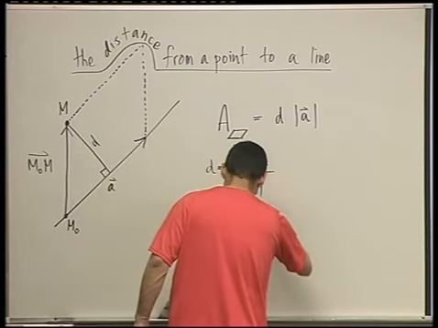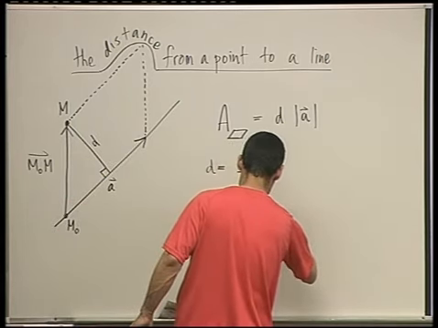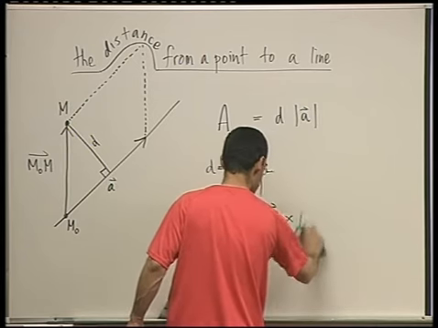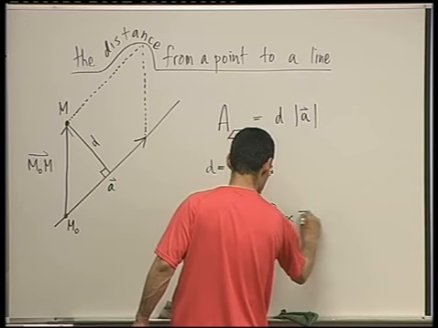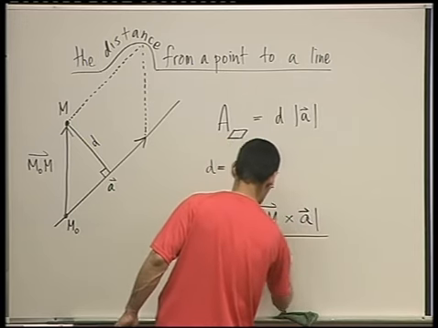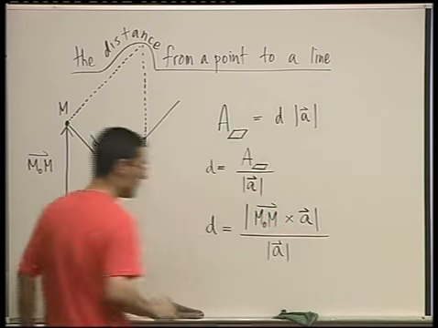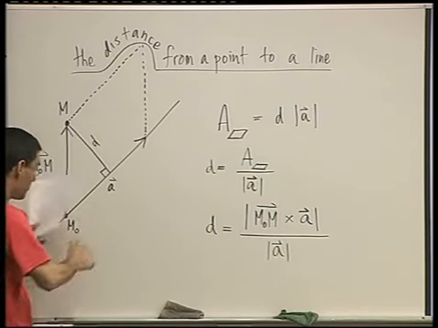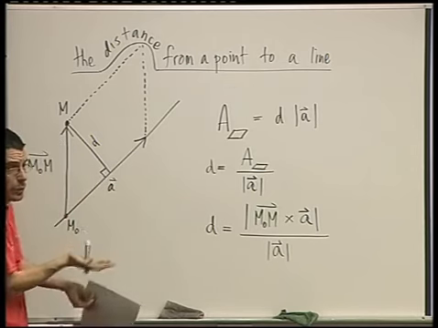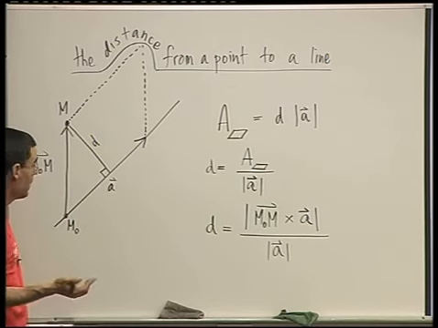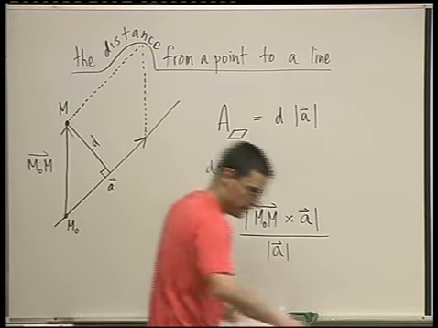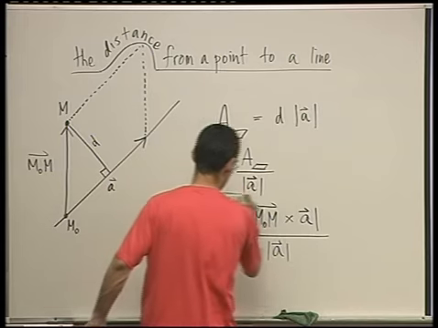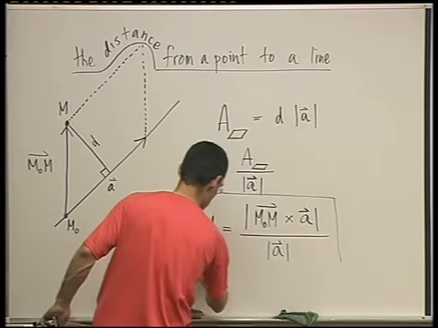So this is precisely the length of M0M cross A divided by the length of A. Good? Okay? So if you see it without deriving it, it looks weird. Where did that come from? Okay? But that's what it is. So this is the formula for the distance between a point and a line.